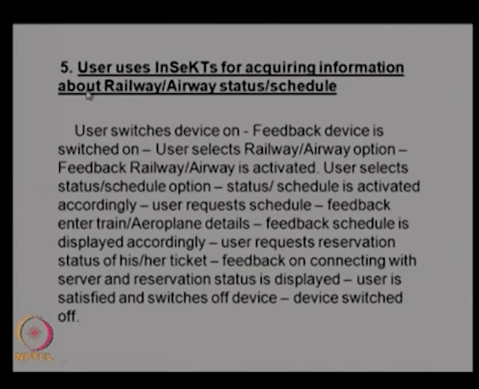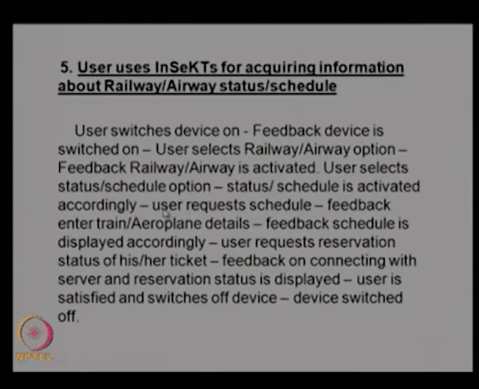This is for railway or airline status or schedule information. Here the user will select an option available in the system, and based on that the required information will be provided. If it is a paid service, he will be asked to pay the money, otherwise the information will be provided.